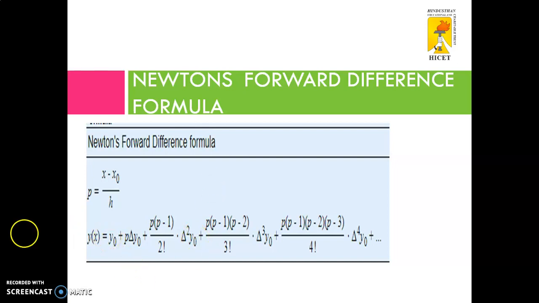Here p is nothing but x minus x0 divided by h, where x is your unknown value for which we are going to find the value of y, x0 is the starting value of the table, and h is the difference between the values of x. This h is common, since the forward difference formula is applied for equal intervals.